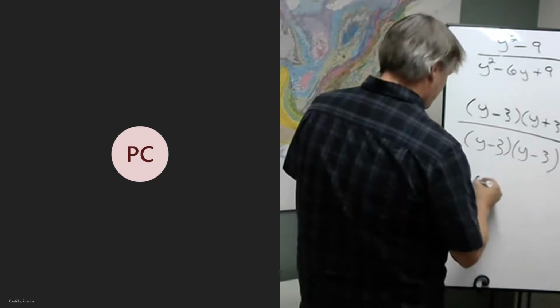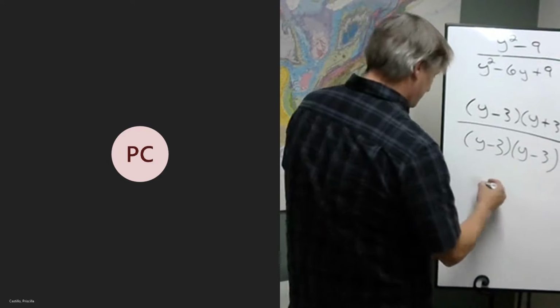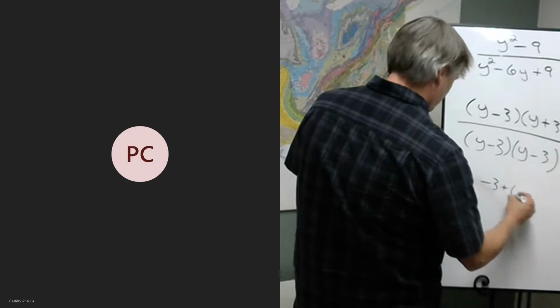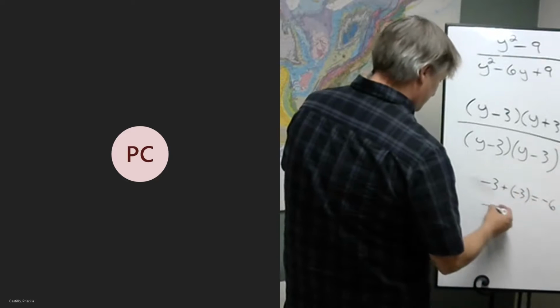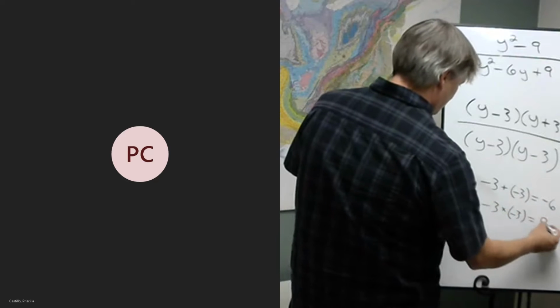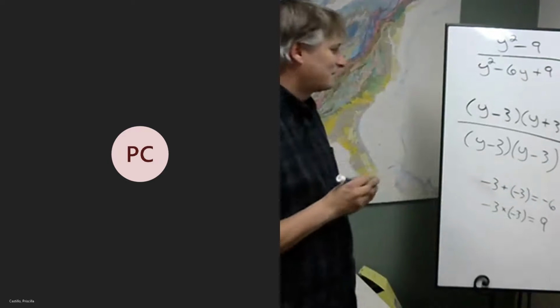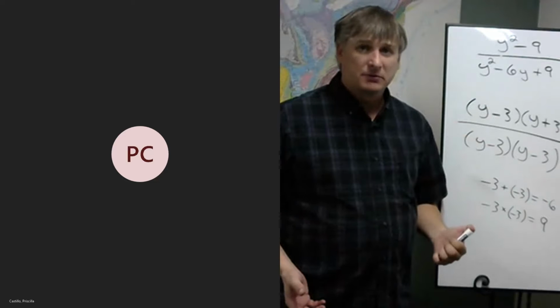Well, those 2 numbers are going to be -3. And so that's how we factor those 2 polynomials.